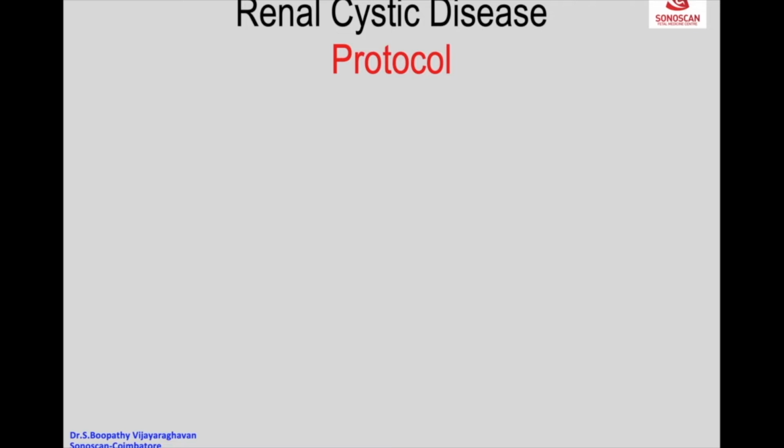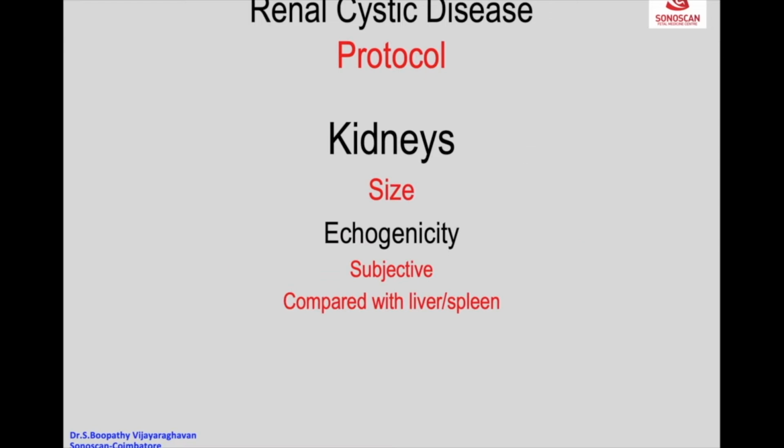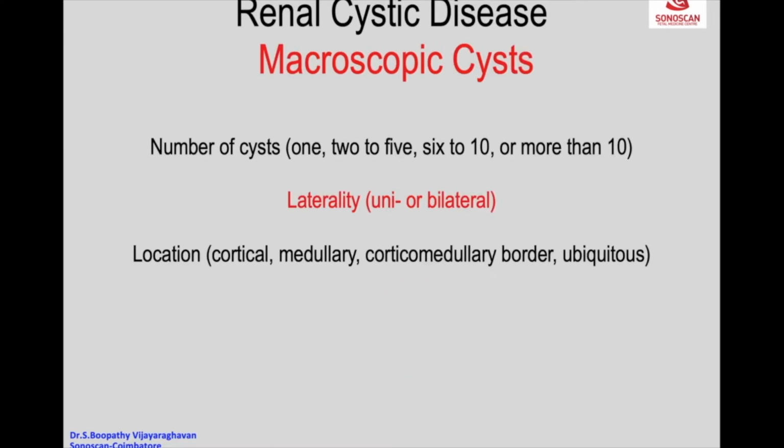necessary. Now, the protocol for renal cystic disease: ultrasound is the first investigation of choice, and CT MRI is not needed. Look at the liver and spleen, and look for corticomedullary differentiation and for cysts everywhere.